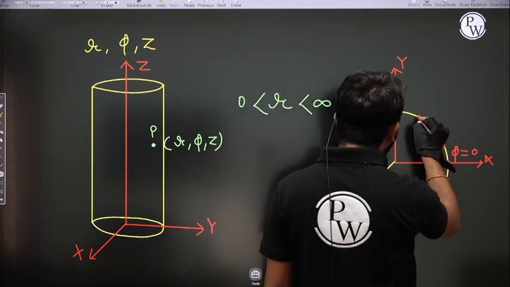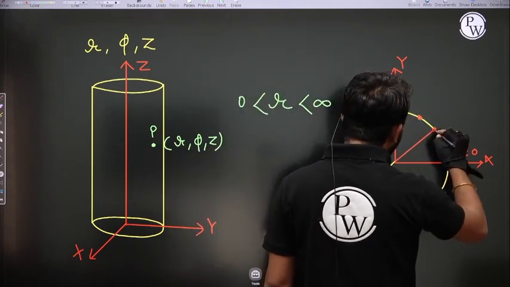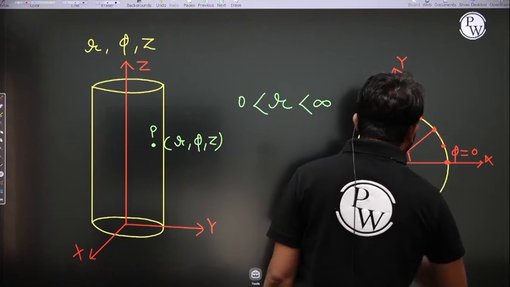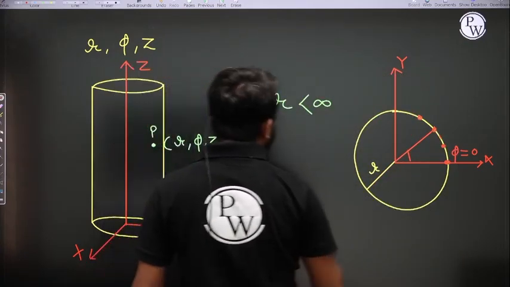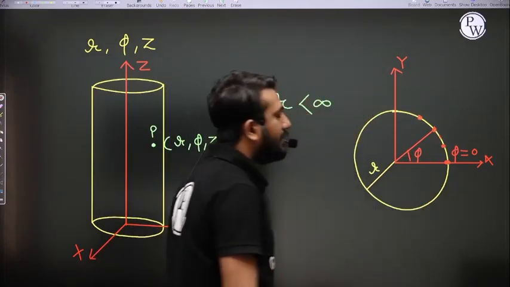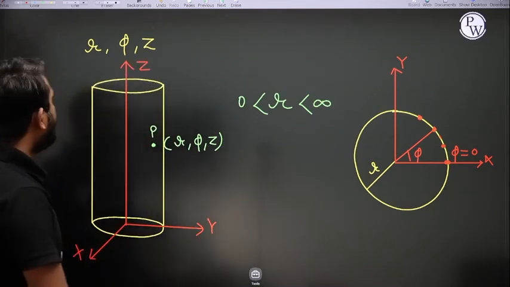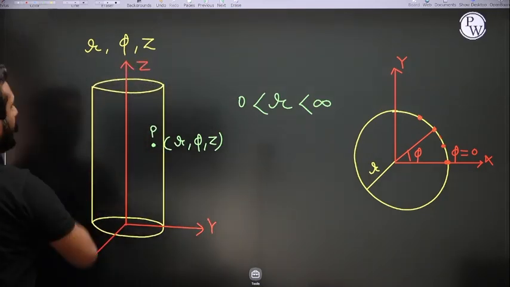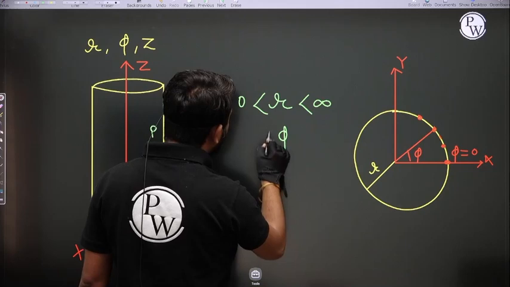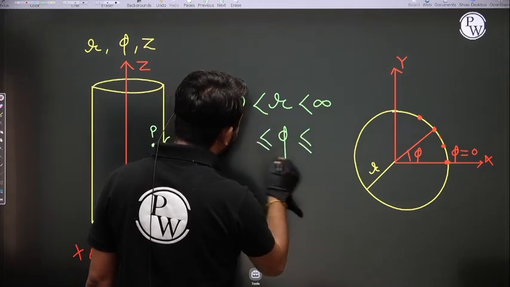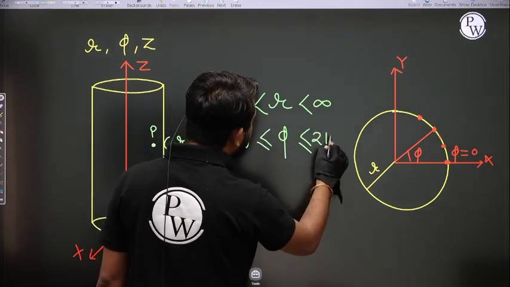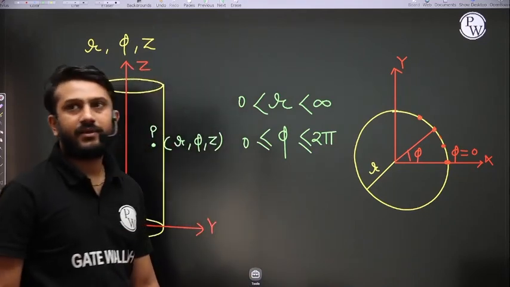Let us assume that point may be here, and this angle is phi. So what is the limit of the phi? The limit of the phi is 0 to 2 pi, 360 degrees, right?